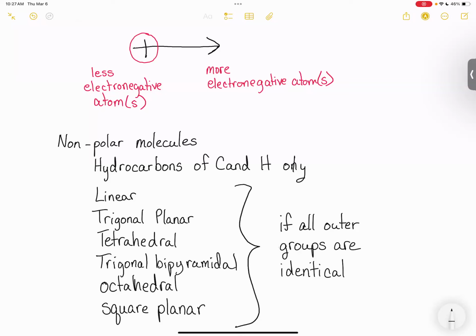But when you hit 0, you ask, does everybody have an octet? Your chlorines have an octet because they have 6 in lone pairs and 2 in single bonds. Your nitrogen also has an octet because it has 6 in the single bonds and 2 in the lone pair. So yes, everybody has an octet.